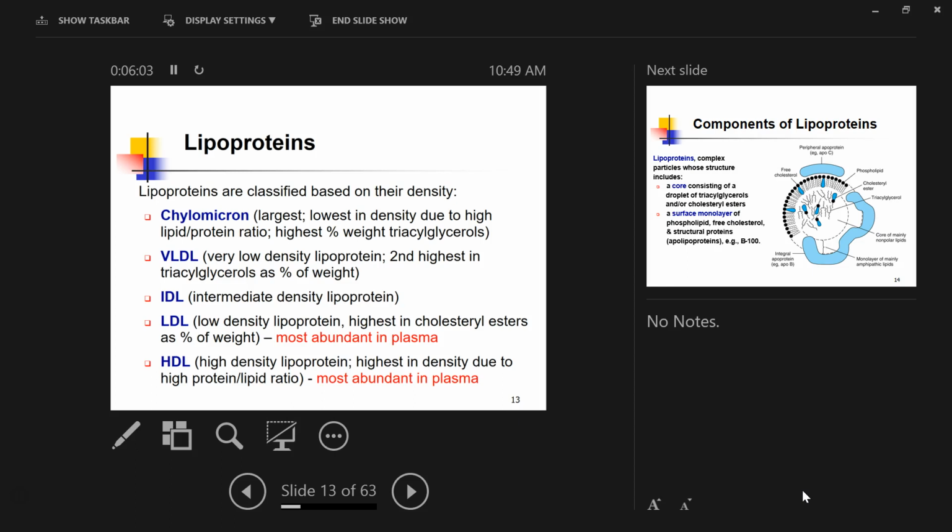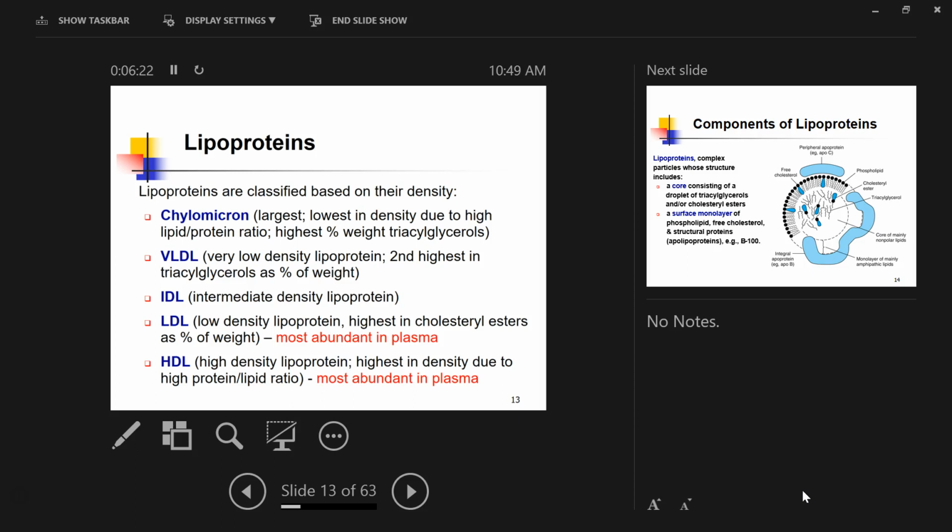So chylomicron is the largest lipoprotein, the size is the largest compared to other lipoproteins, and VLDL is the second largest.